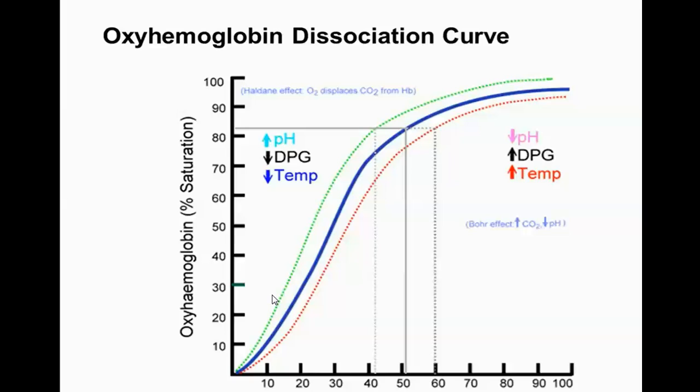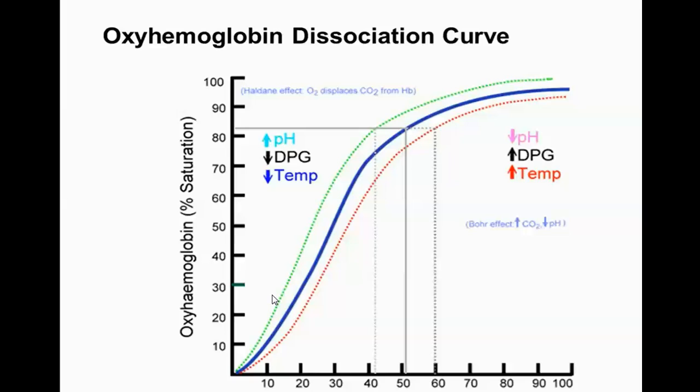Normally about 50. 50 PO2 is needed to saturate 80% of hemoglobin. If we shift to the left, I need only 40 to saturate the same amount. So what does this mean? That I need only 40 to load the same 80% of hemoglobin, that the affinity of hemoglobin for oxygen is higher.